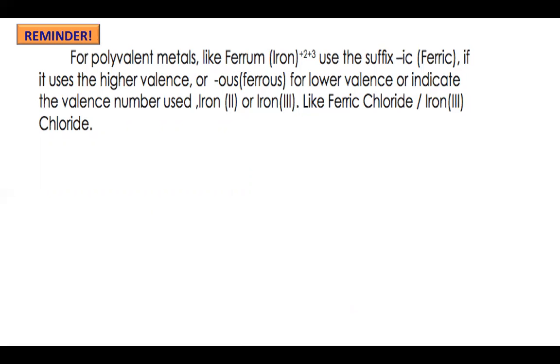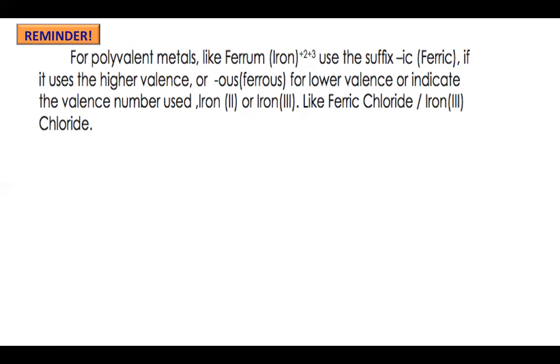Depende sa numerical o numeric na nilagay sa next name ng isang element. So pag nakalagay ng numeric 2, ibig sabihin may dalawang charge. Pag nakalagay ng 3 na numeric, ibig sabihin may tatlong charge.